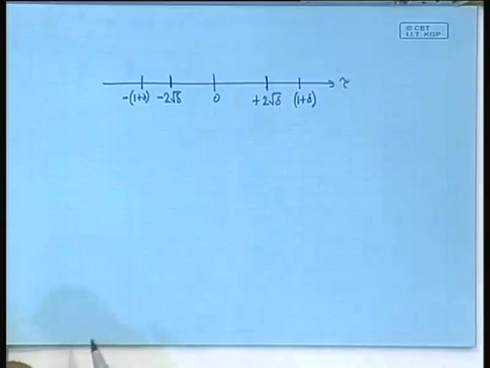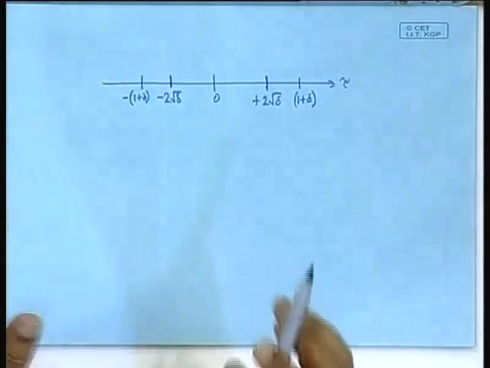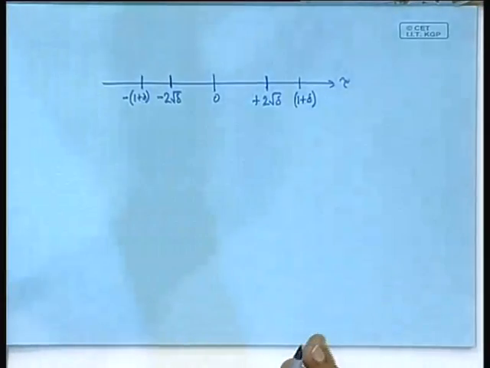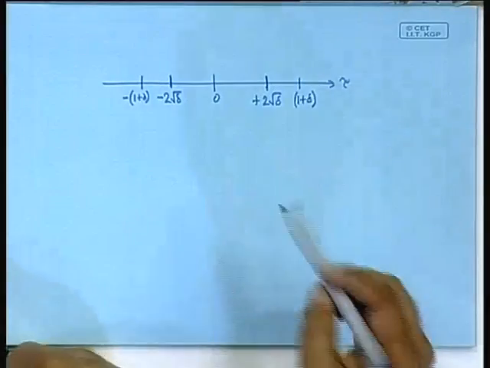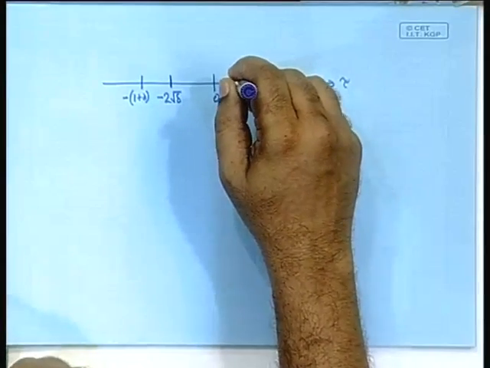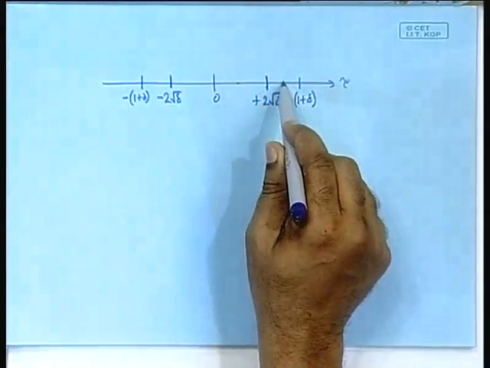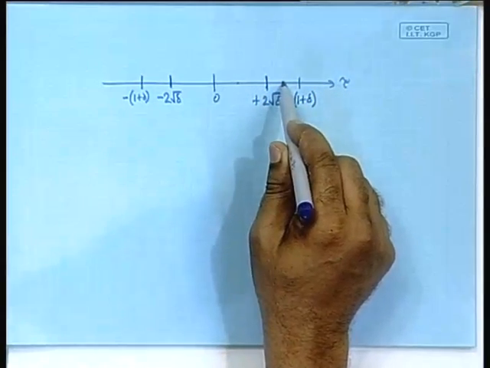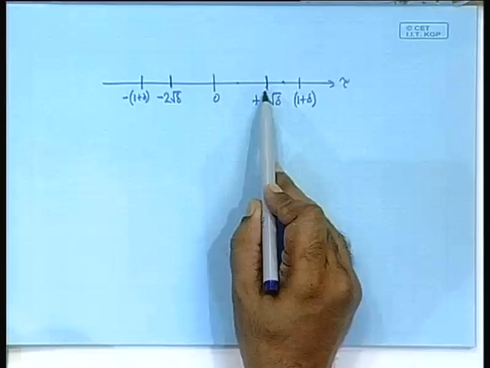So, from here we can get a picture representation. If I place my point here, what is the character? Stable and spiraling is inwards. If I place my point here, is it stable, but it is between 2 root delta and 1 plus delta.